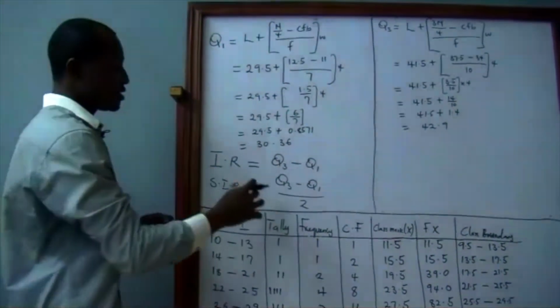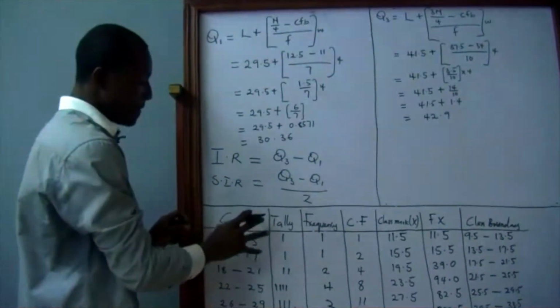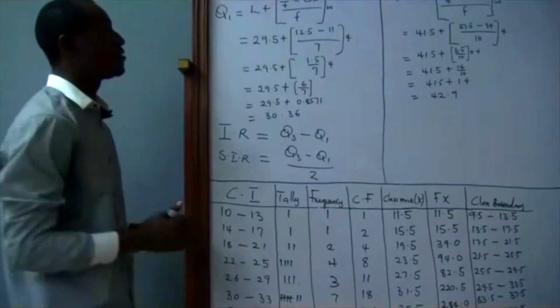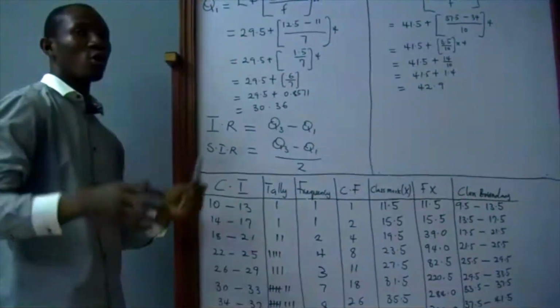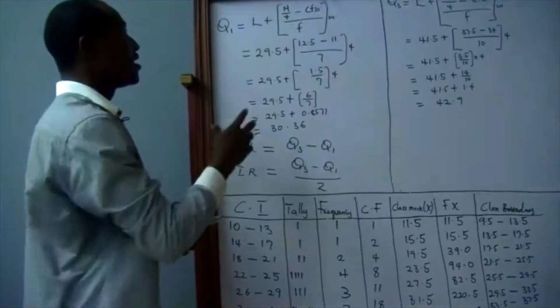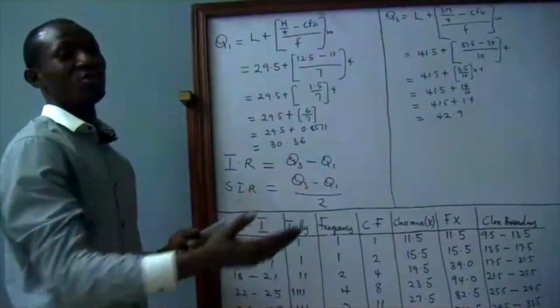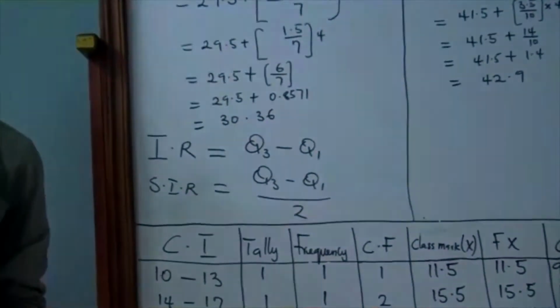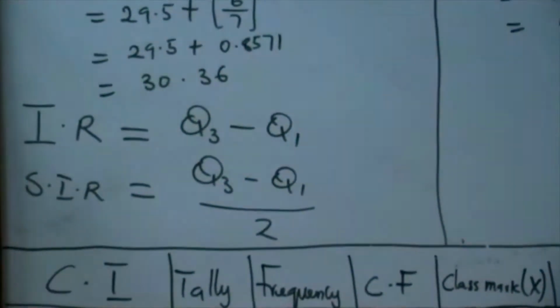So just like this is also a group data. The one we had last was on group data. It was easy for us to locate the n over 4th position, try to trace it on the data, and we got that value. That is the Q3 or the Q1.